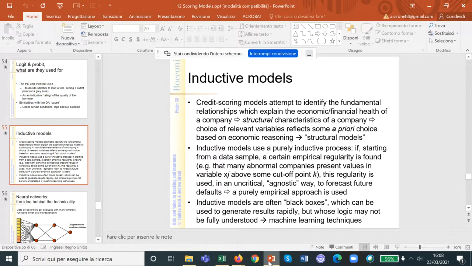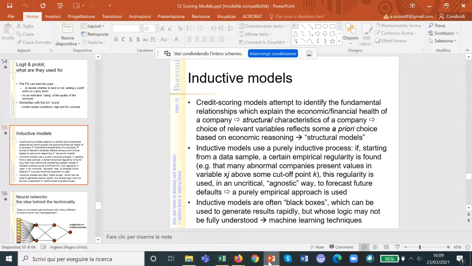So there is an economic logic here, okay? Inductive models are completely agnostic. And if you want, very similar to the idea that is now very fashionable and very trendy, which goes under the name of machine learning, or if you want, artificial intelligence.